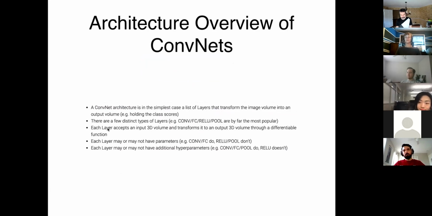And some of these layers obviously have parameters associated to them. Some of them, like ReLU, for example, don't have any parameters, but do have some hyperparameters.